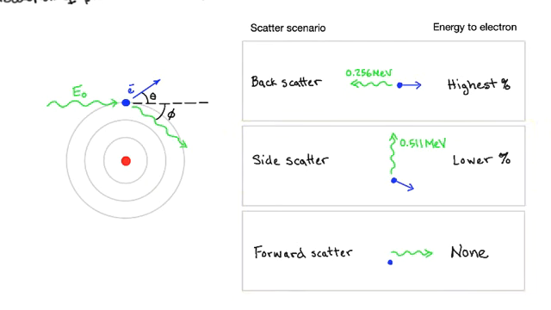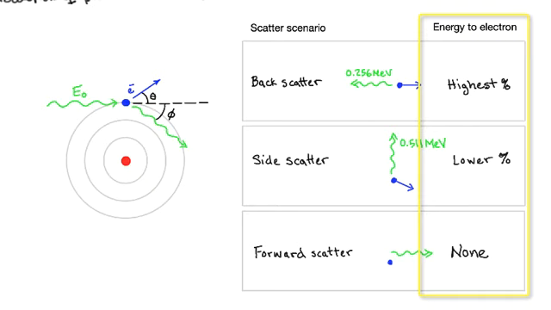Then if you think about the energy that the electron gets, the energy to the electron is also going to depend on the angle of scatter. And I think it should be fairly obvious what that would be. So if it scatters backwards, that's going to impart the highest energy to the electron, because the photon has the lowest energy.